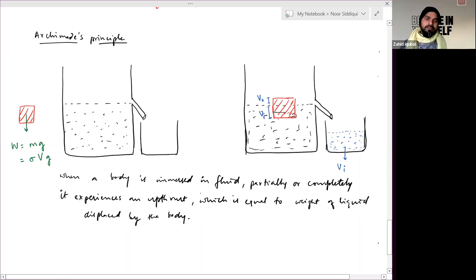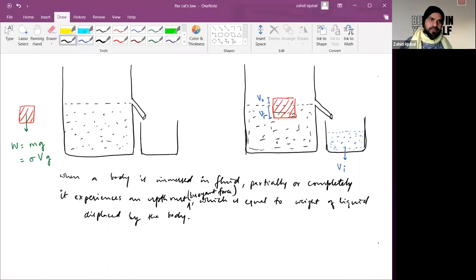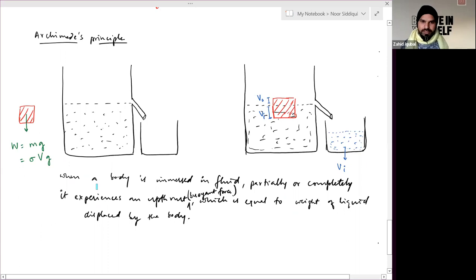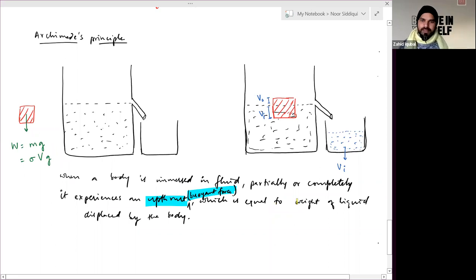This upthrust is called buoyant force. So it says when a body is immersed in a particular fluid, partially or completely, it experiences an upthrust, which is called buoyant force, and this must equal the weight of liquid displaced by the body. Is it clear?